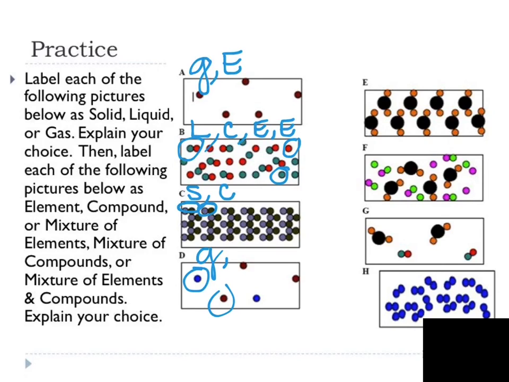So it would be a mixture of elements. What about E? It's a solid, and we have orange balls on either side of some black ones, so compound.